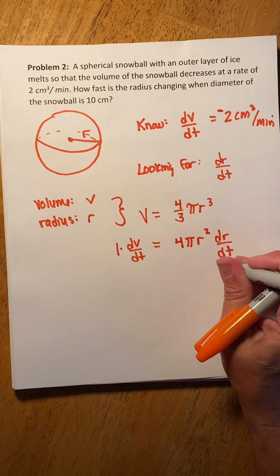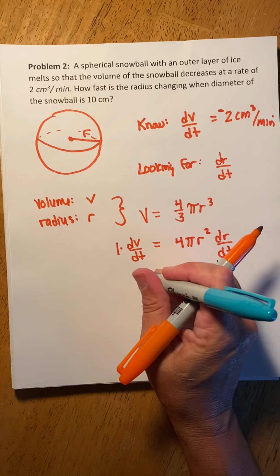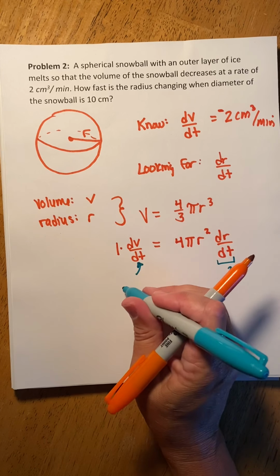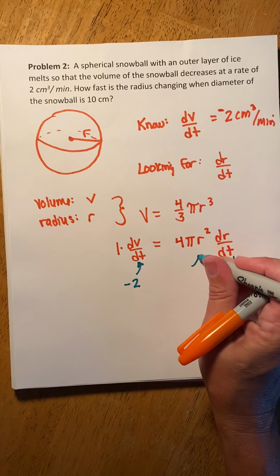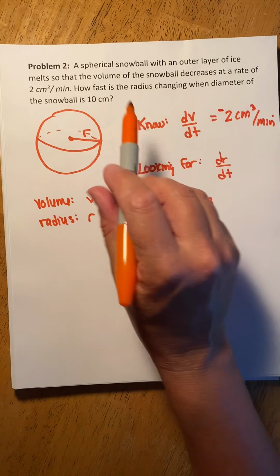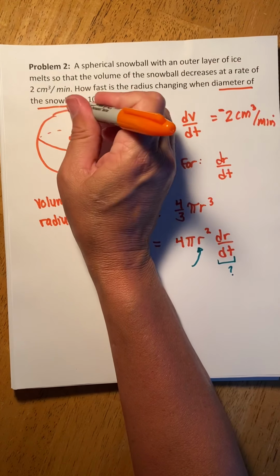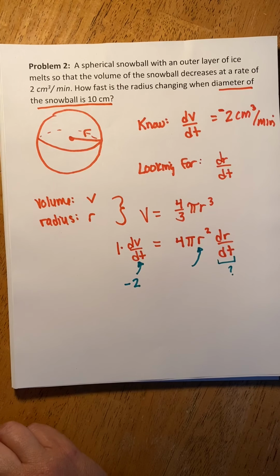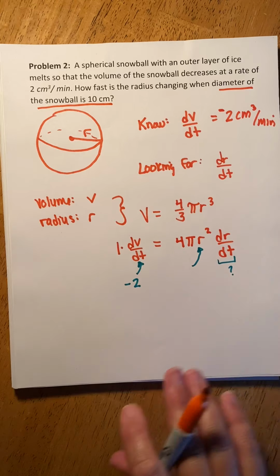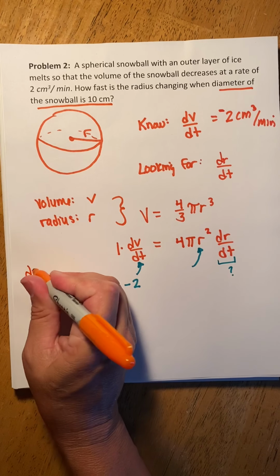All right, this is what we're looking for, right? We know that the volume is -2. All right, what's the radius though? How fast is the radius changing when the diameter of the snowball is 10? So always from the information given, you'll be able to fill in everything here. Well, the diameter is 10.